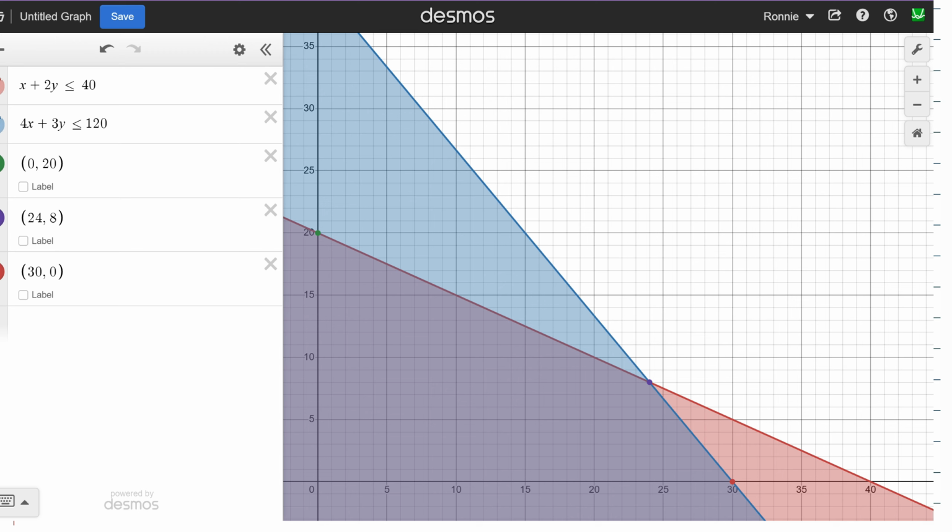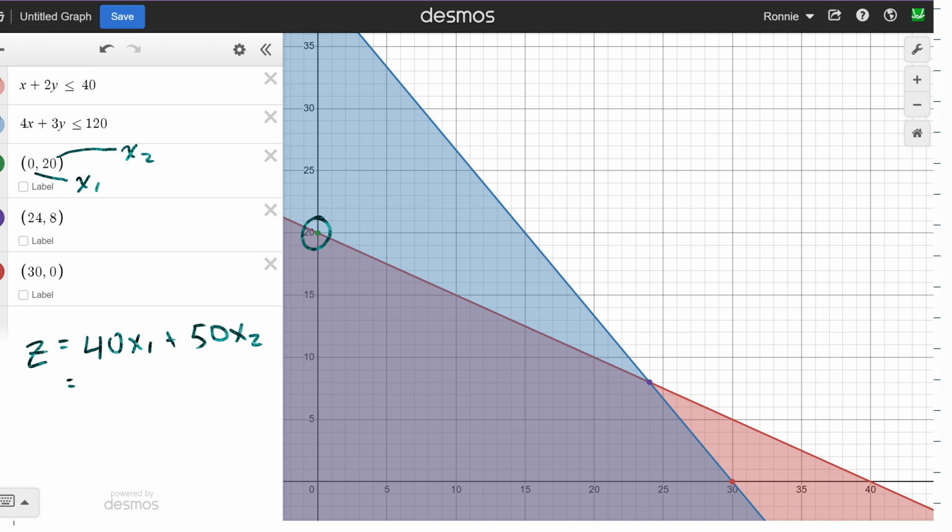Alright, so what I'm going to do now is take those values, 0, 20. So 0 is going to be my x sub 1, 20 will be my x sub 2. I'm going to plug them into my objective function, 40x sub 1 plus 50x sub 2.